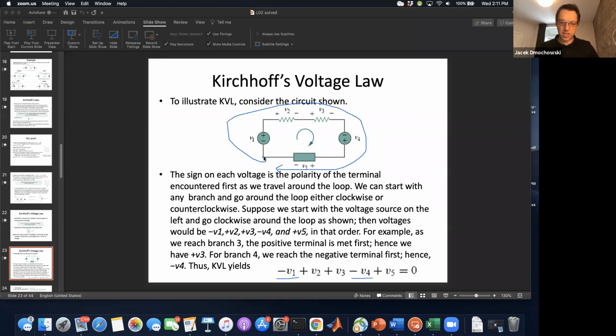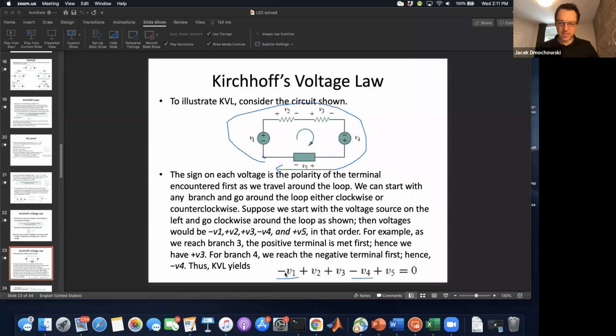So in other words, the sum of the voltage drops or rises along a loop has to equal 0. For this loop, we have negative V1 plus V2 plus V3 minus V4 plus V5 equal to 0.